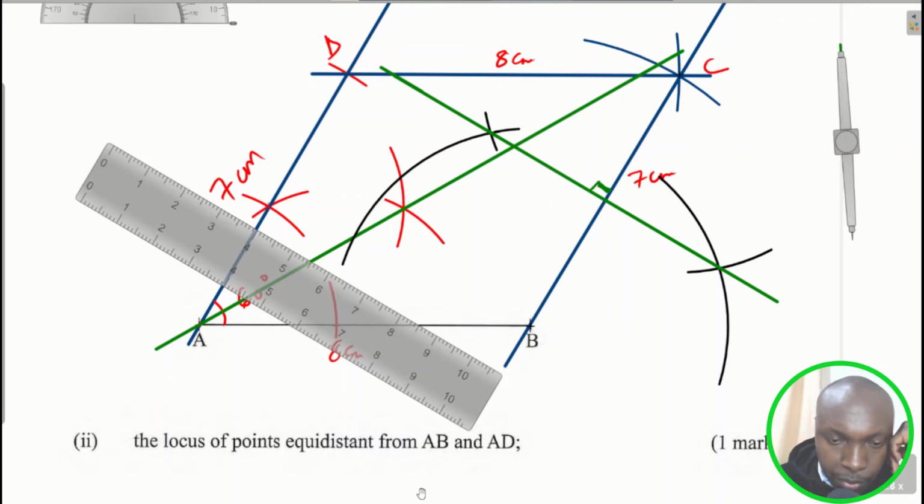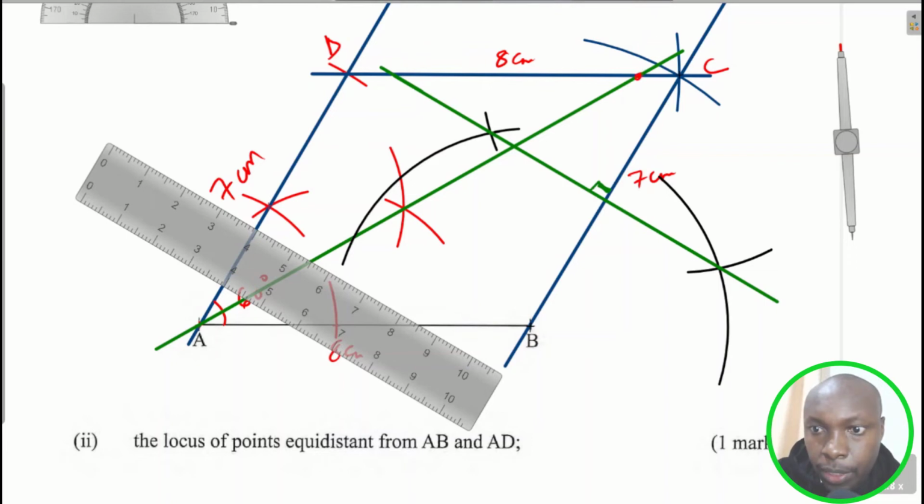If it should be equidistant from AB and AD, then it should lie on the angle bisector that we constructed between those two sides, AD and AB. If it should also lie on DC, then automatically the point should be here.